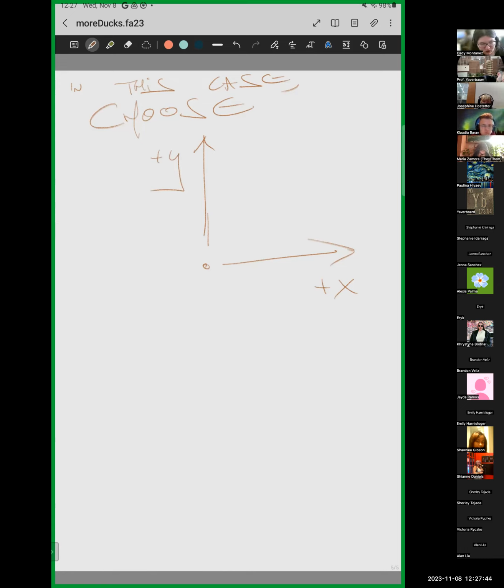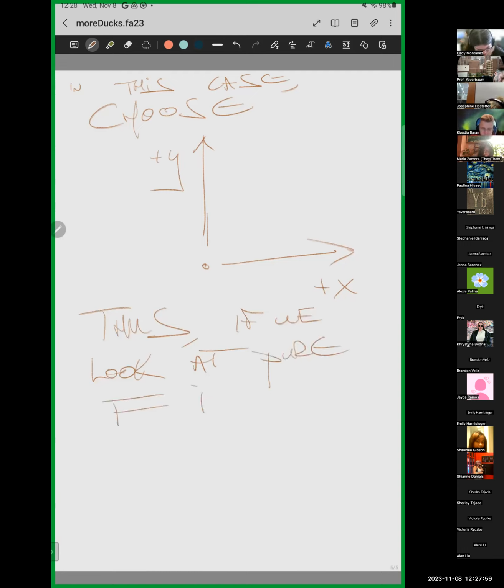That's my coordinate grid. So now, if we look at the pure free-body diagram, we see that the tension is the one and only force that is not lying along an x or y axis.